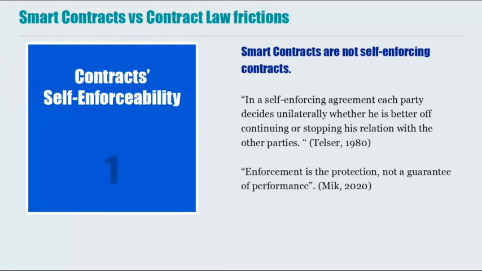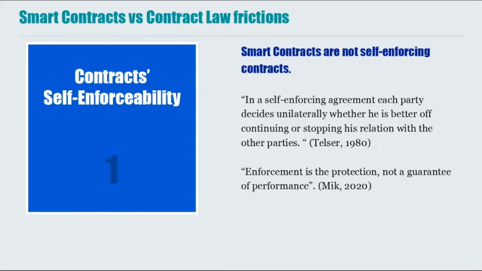I think Szabo, the original creator of smart contracts, is the one who led to this misconception when he said that there is a self-enforcing protocol. But the term self-enforcing used by Szabo has little to do with contract law. From the law and economics perspective, self-enforcing means that each party can decide unilaterally when to stop the relation with the other party.